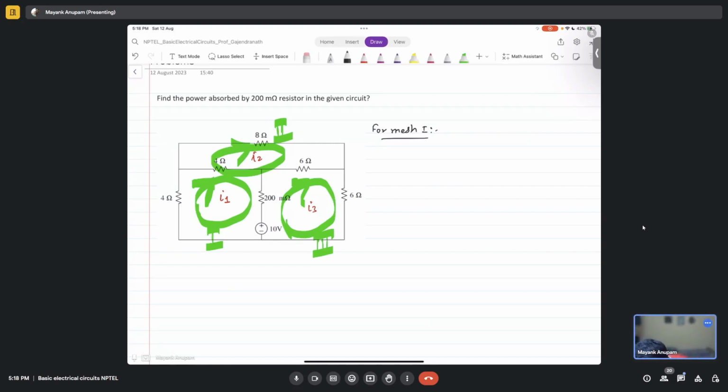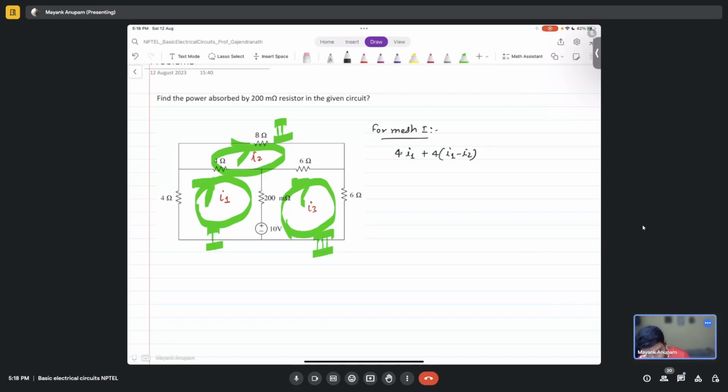Sir, 4I1 plus 4 into (I1 minus I2). Are you sure? How did you come up with that? Sir, in the upper 4 ohm resistor, I1 and I2 are in opposite direction, so we will have 4 into (I1 minus I2).